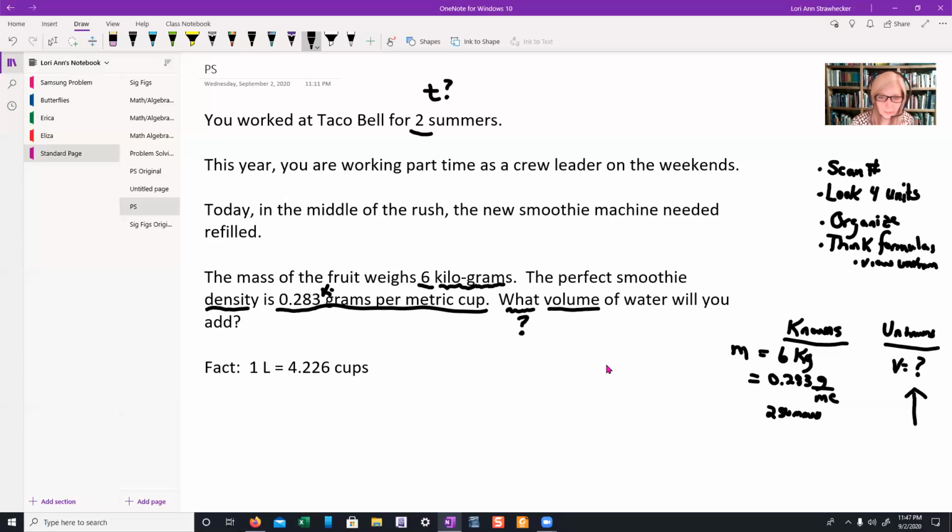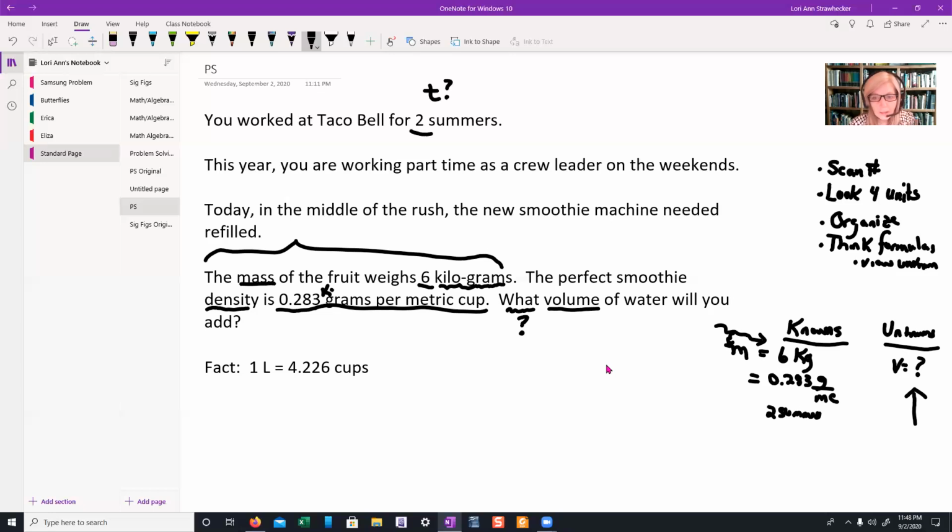And let's just look at this again. If we reread the problem here, we not only can we look at our units to determine what this is, looking at this entire sentence, we can see, oh, okay, it's telling me the mass of the fruit is 6 kilograms.